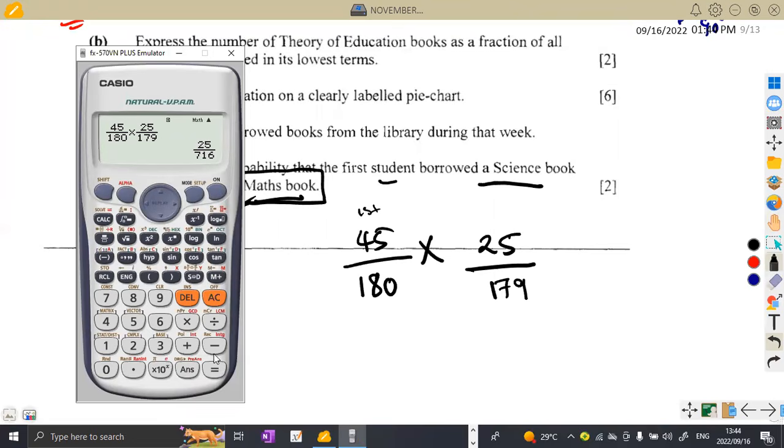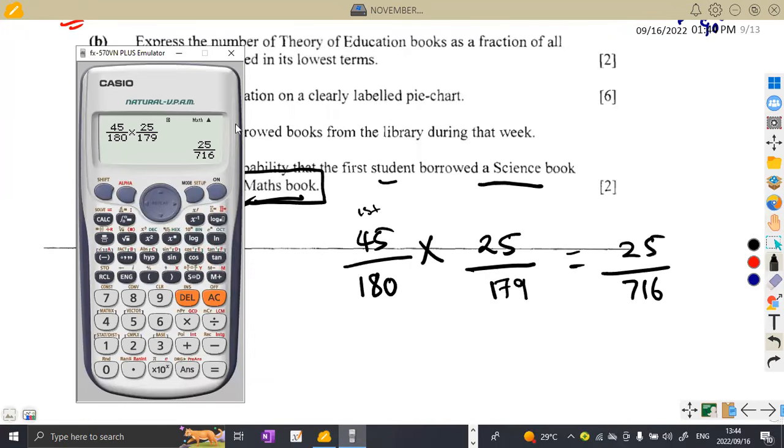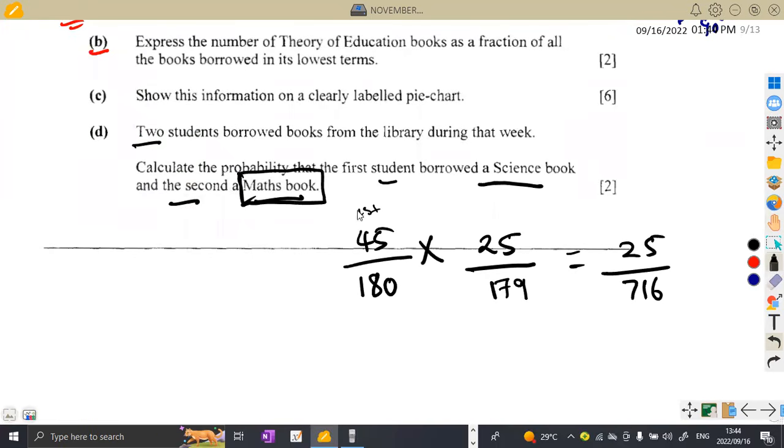Okay, so this is going to give us 25 over 716. Is it 716 or 715? It is 716. Okay, so that was the probability and you're done.